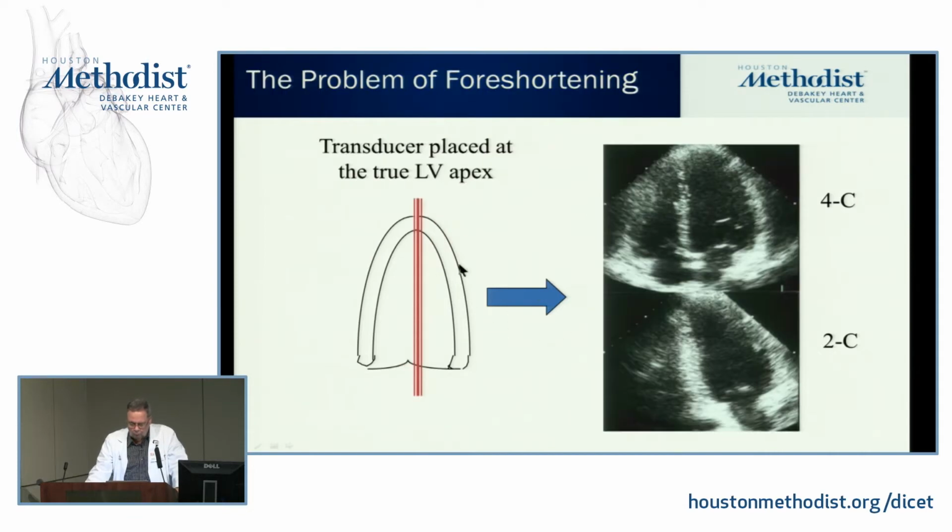Because in a perfect world, both should have the apex pointing pretty much into the transducer, which you saw on that beautiful picture from the publication of the ASE. And of course, that's not always possible. And that's why we often end up disregarding one of the two views and only doing single plane or using backups.